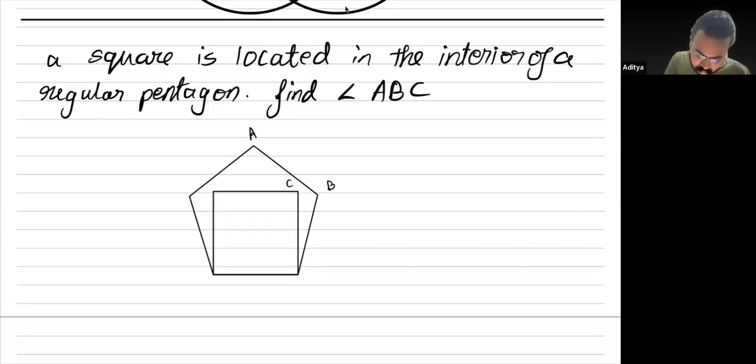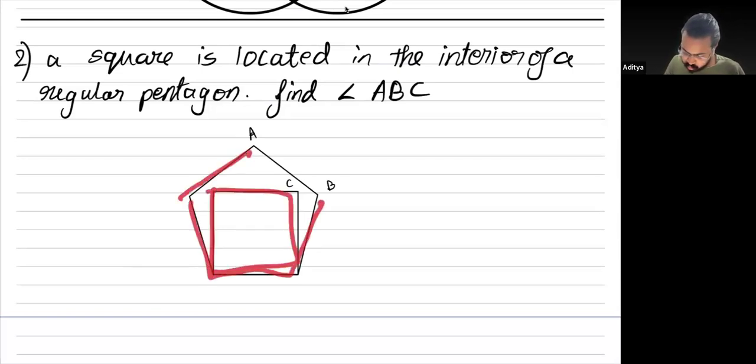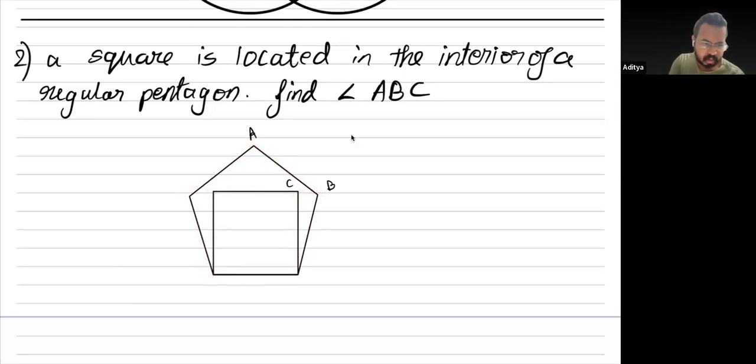Okay, this is the figure. This is a square and a regular pentagon. Both share the same side. Find angle ABC, where A, B, and C are the vertices of the pentagon and square respectively.